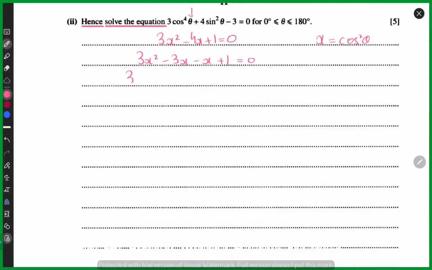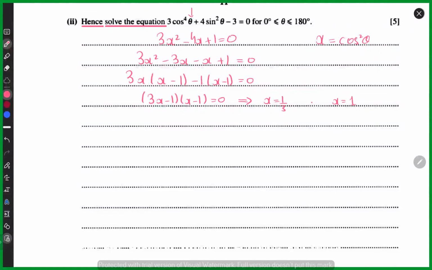I can take 3x common, it would give me x minus 1, and I can take minus 1 common, and this would give me x minus 1 equals 0. So finally the two factors would be 3x minus 1 and x minus 1 equals 0. And this would imply that x is equal to 1 by 3 and x is equal to 1.